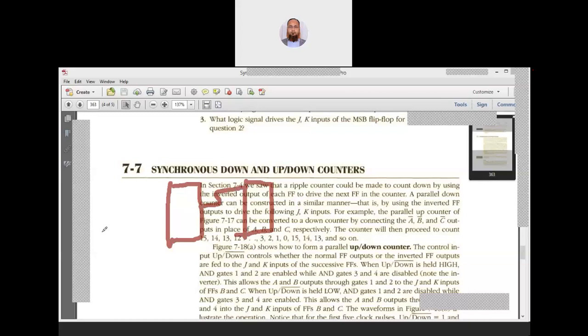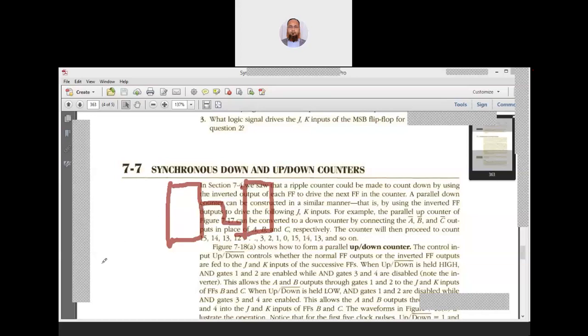But when we are using the down counters, the complement of the output was going as the clock for the next step. Okay, so these were the two cases. When we are using the down counters, the complement output was going as a clock. When we are using it as the up counter, the output of the first flip flop is going as the clock to the next flip flop.